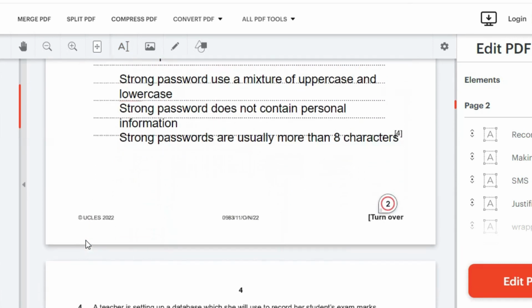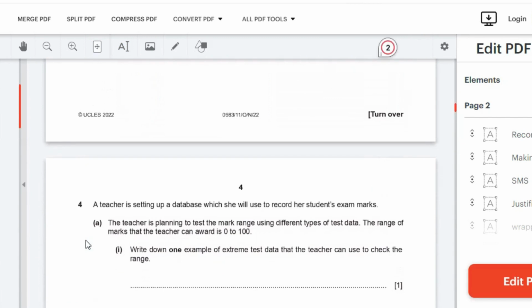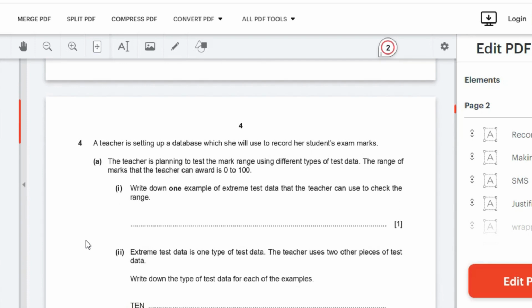All right. So let's go to question number 4. Question number 4 says, a teacher is setting up a database which she will use to record a student's exam marks. The teacher is planning to test the mark range using different types of test data. The range of marks that the teacher can award is 0 to 100.